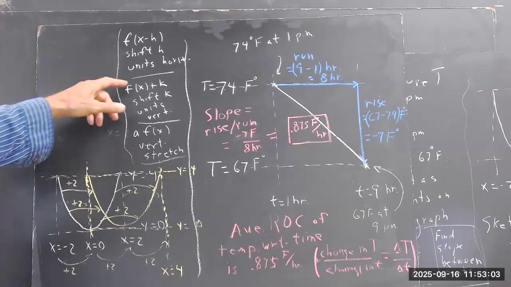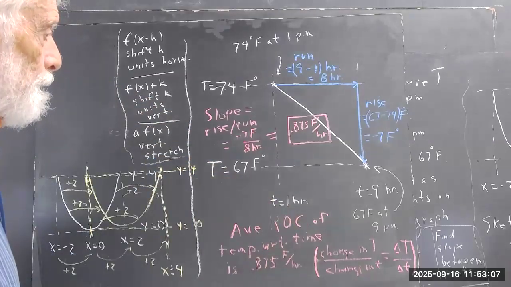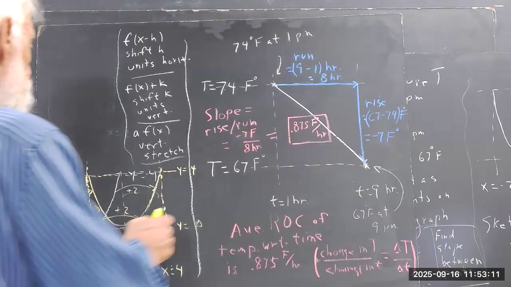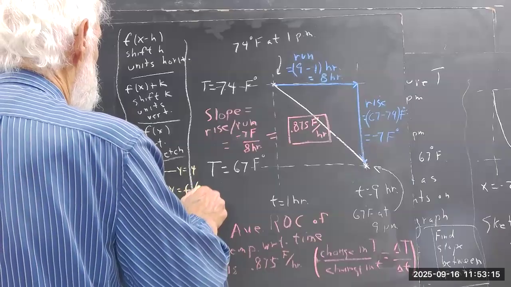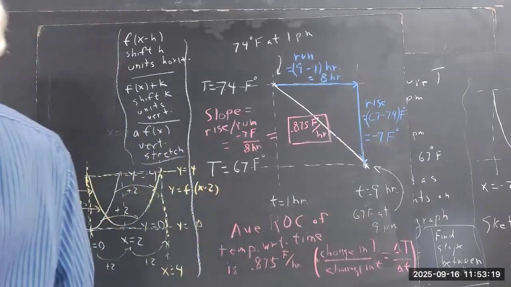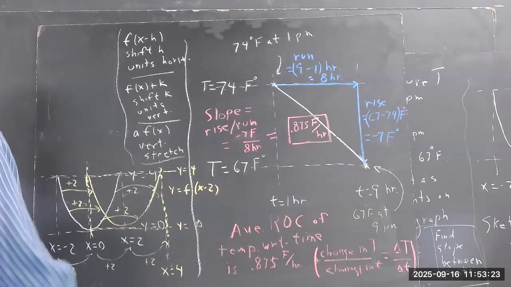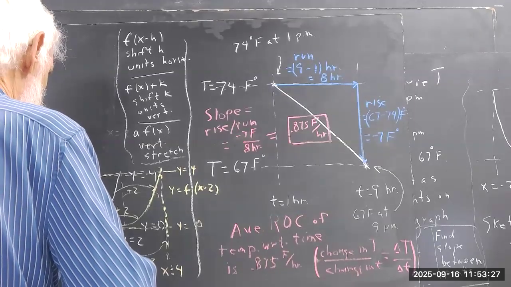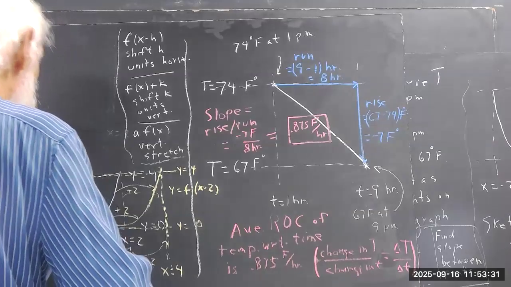Okay, well, then what's f of x plus k? f of x plus 2. So let's see. Well, first of all, this is a graph of y equals f of x minus 2. Just trying to decide what colors are going to show up best.